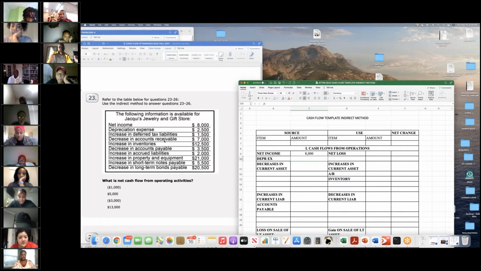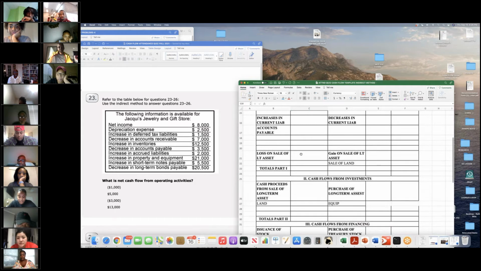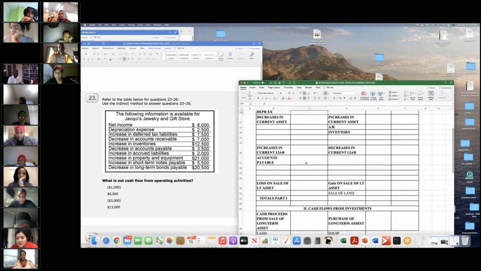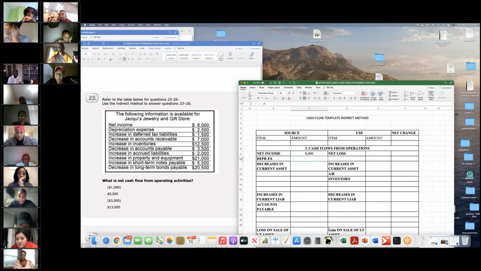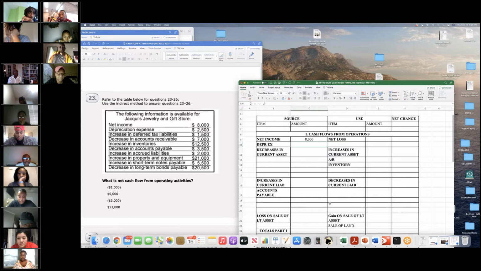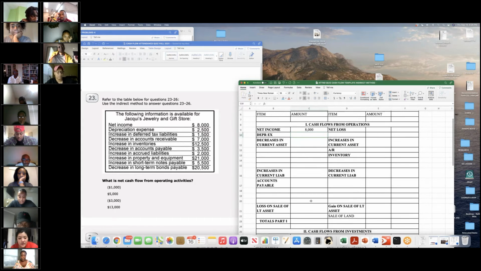Let's look at a decrease in accounts receivable. It's telling you that's a decrease in the current asset, so you know where it goes. You simply are plugging in these items. Let's put in an increase in inventories. We had that before. Since it increased, it's a use.